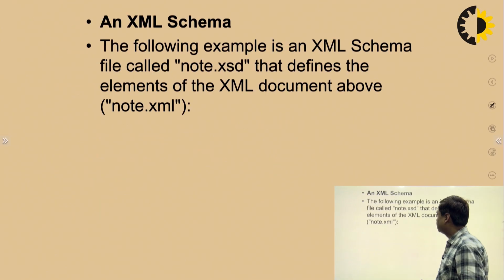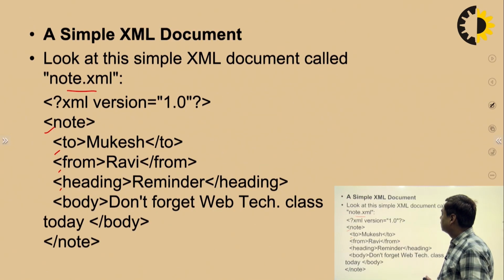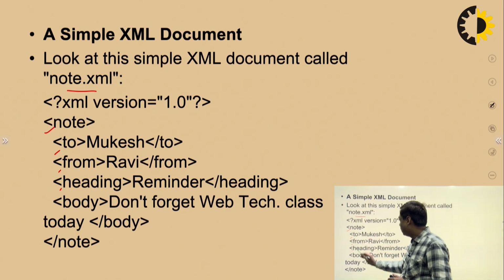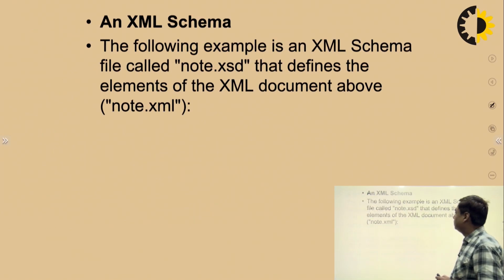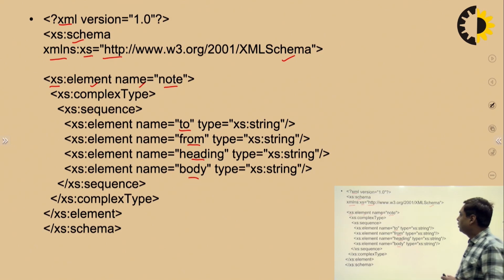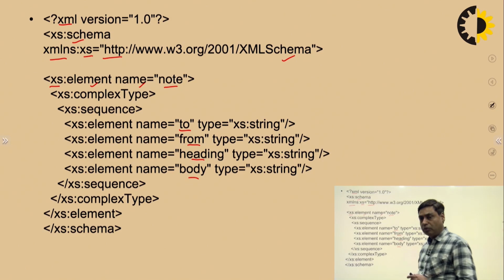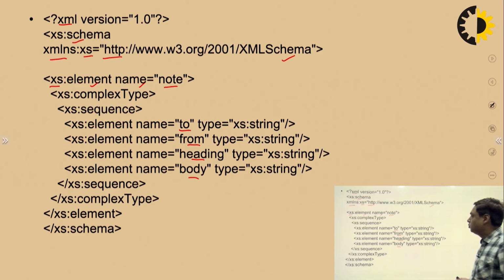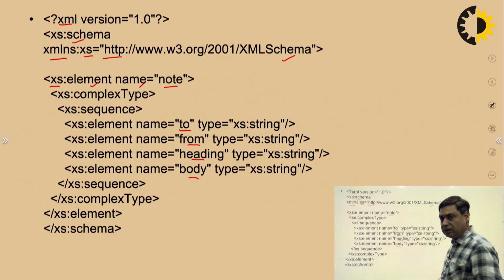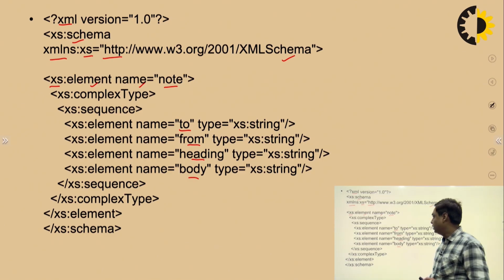You can see in the XML schema, we have note, to, from, heading and body. Similarly, in the schema, we have defined 4 elements: to, from, heading and body. The next part is what will be the content of the elements. It can be a string, a boolean, or any different type.